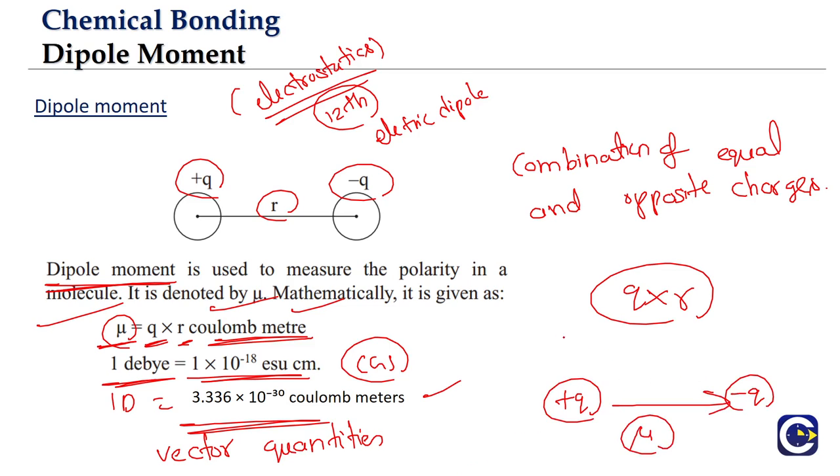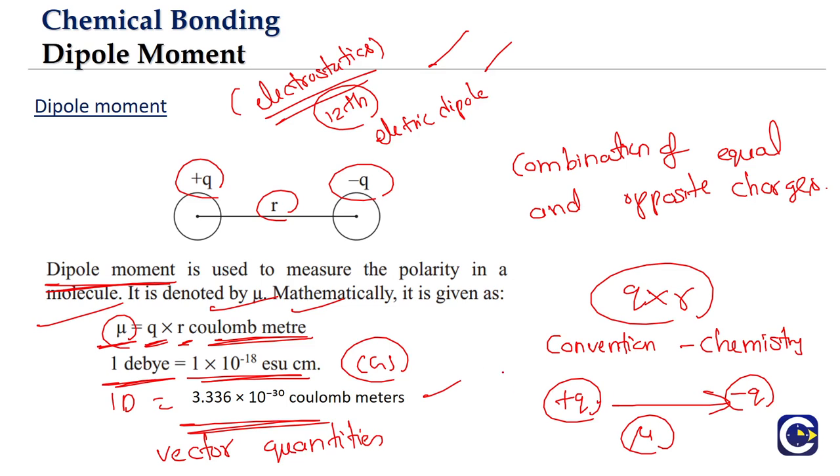This is the convention in chemistry. In physics you will follow a different convention, which you will learn when we study the electric dipole in the +2. So here in chemistry, the dipole moment is a vector quantity from the positive charge towards the negative charge.